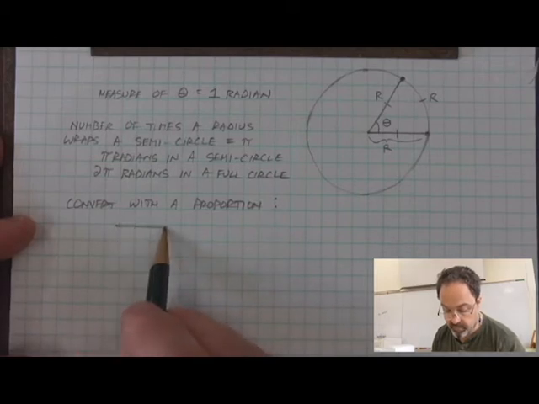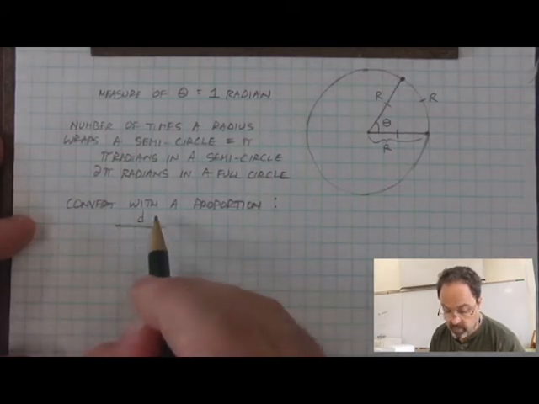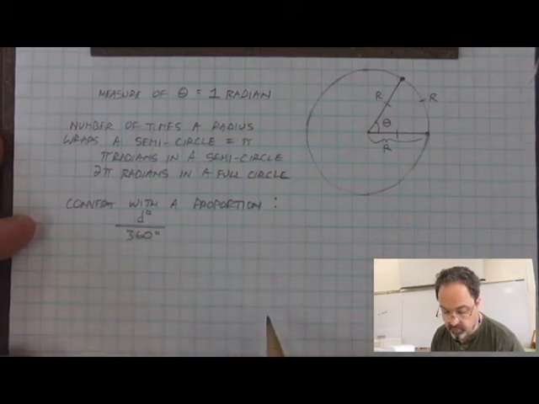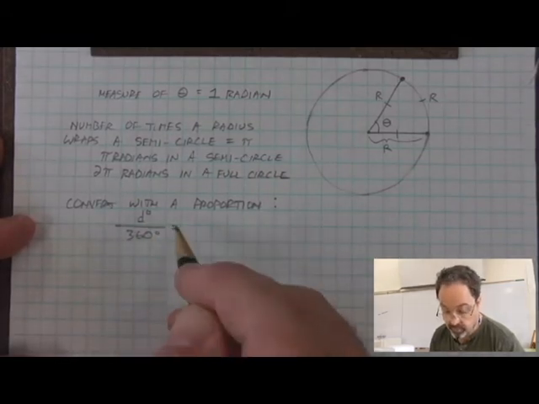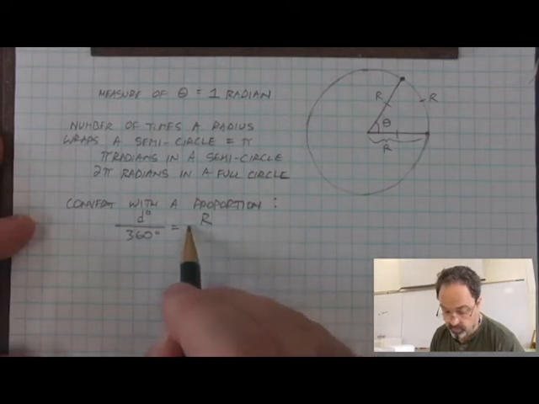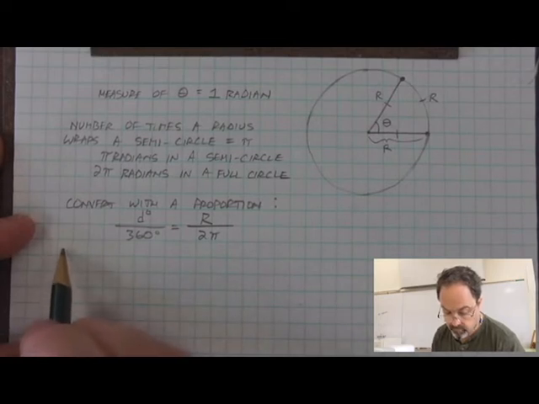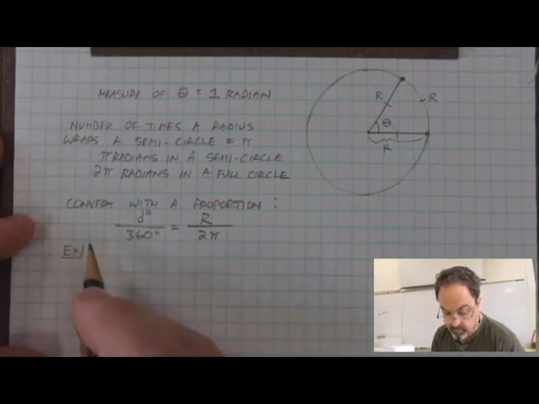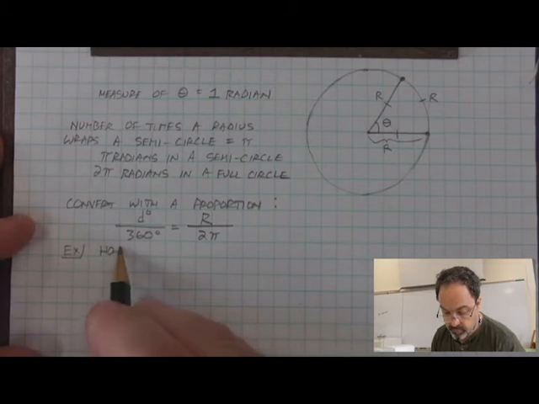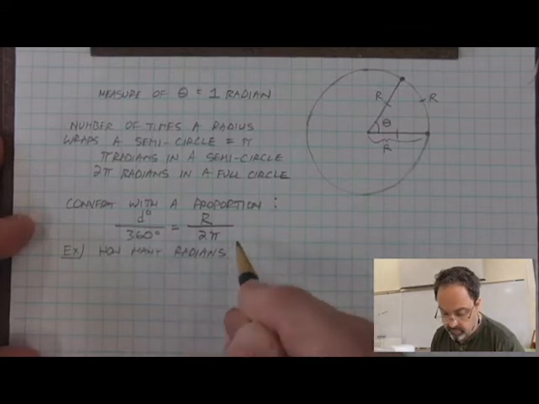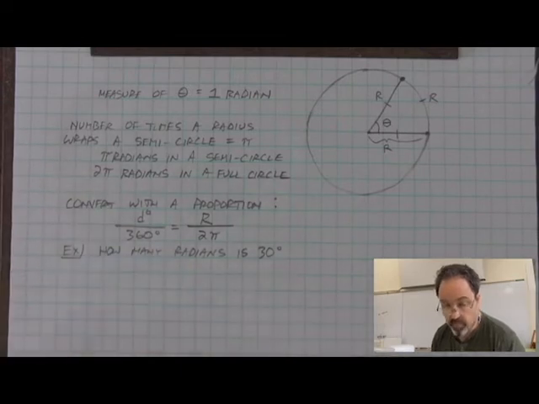The one that I'm going to put here is a ratio of degrees to a full circle will compare with the radian measure to a full circle in radians. For example, we could ask how many radians is equivalent to 30 degrees.